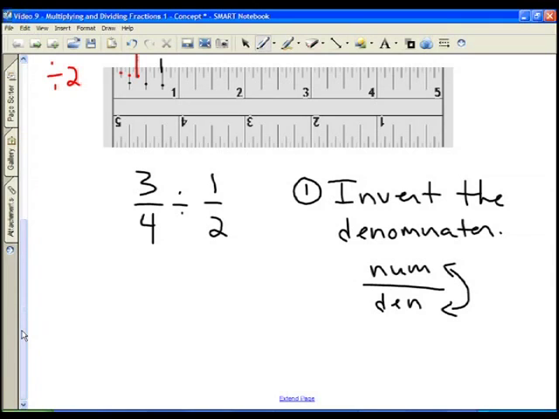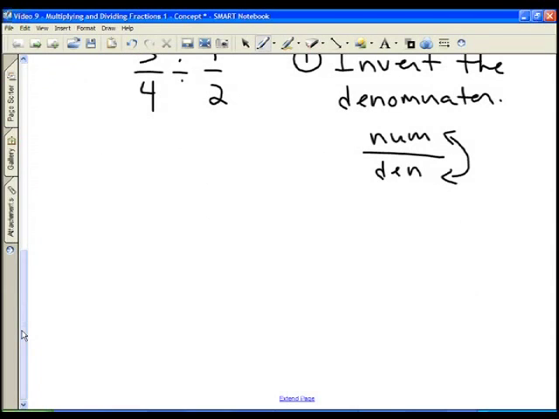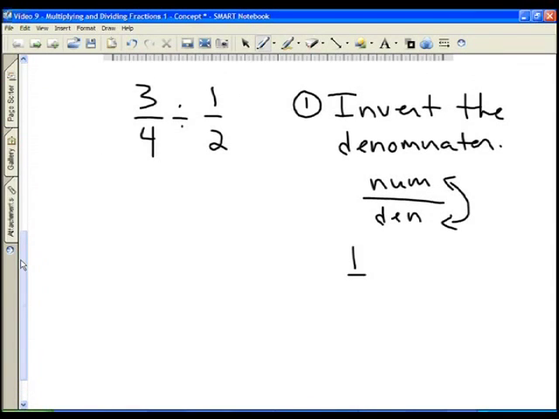To invert means to switch. So, if we wanted to invert 1/2, we would simply move the denominator to the numerator and the numerator to the denominator, or flip the fraction.